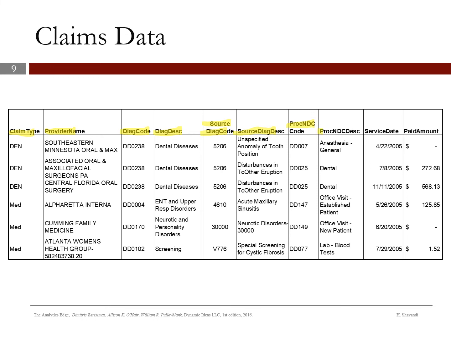And then procedure NDC description, service date, and paid amount. So any insurance company can have a standard form like this, and all providers should provide data based on this form. So this helps a lot in order to have a unified data set for analysis. Okay.